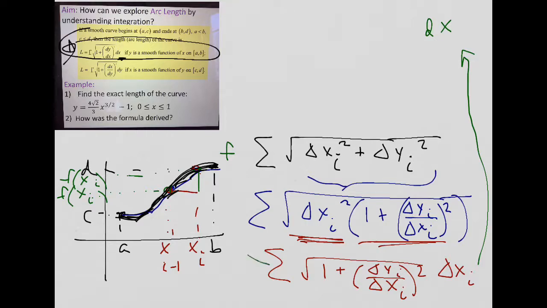The rest of it that we need to talk about, because it's not just the sum of delta x sub i, it has that square root. It's going to be the integral of the square root of 1 plus, look at this description here, change of y over change of x.